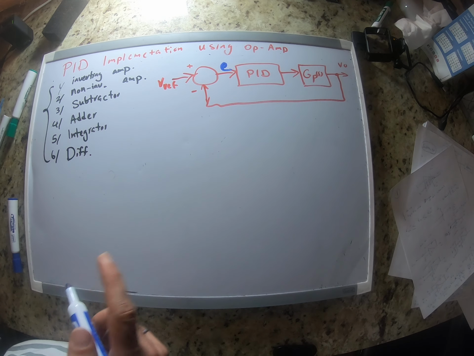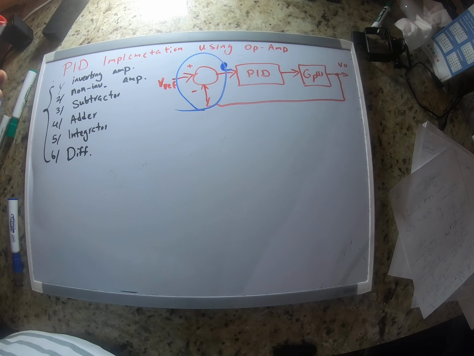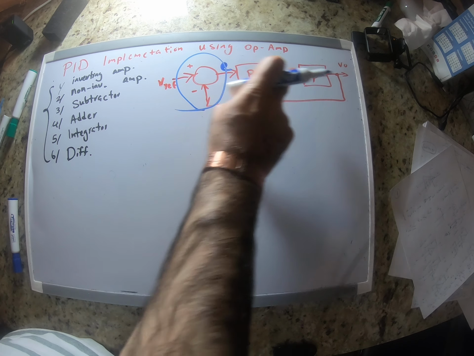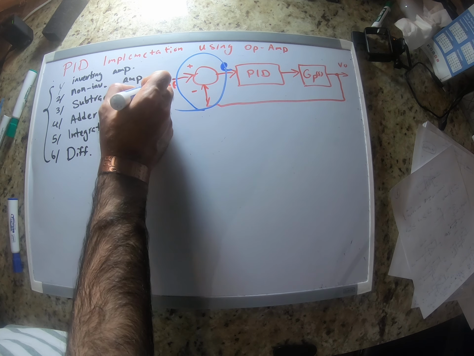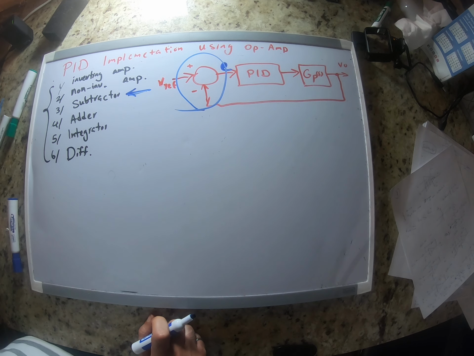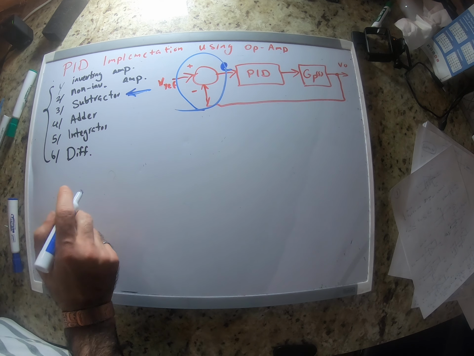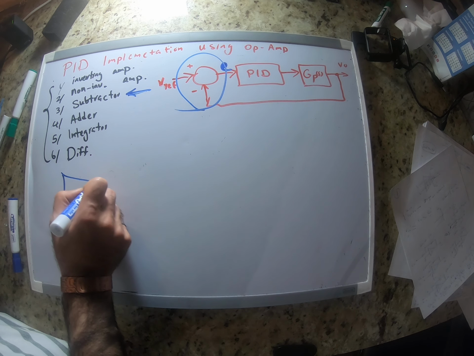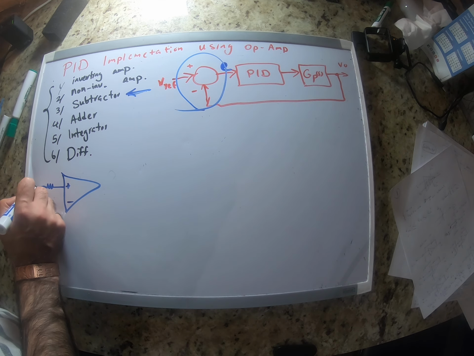So the first part that we have to implement is this part. We just have to subtract two signals, this signal and this signal. How can we do that? We have a circuit that does that for us, a subtractor. If we have something like this, positive, negative, this is Vref.